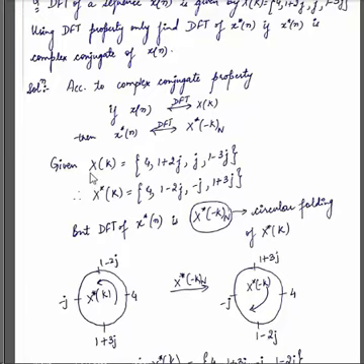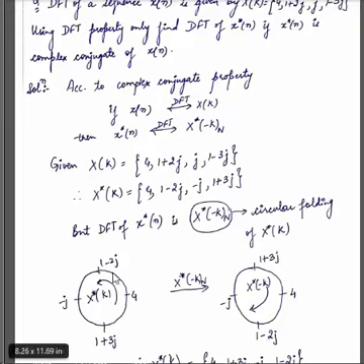So the conjugate of X of k is 4, 1 minus 2j, because 2j is an imaginary term, so its sign changes. Conjugate means negative 1 minus 2j, j conjugate as minus j, 1 minus 3j conjugate as 1 plus 3j.